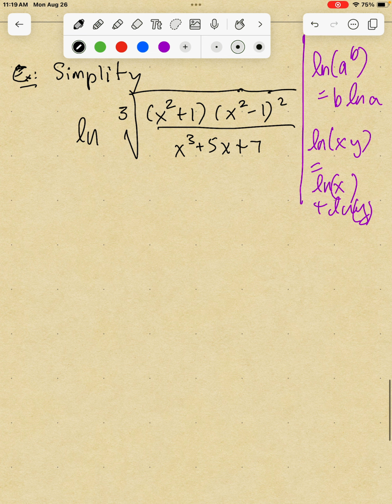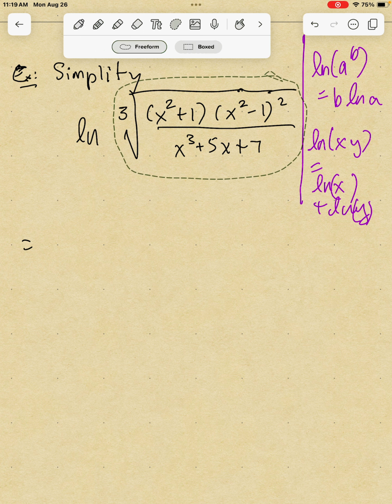Okay, so let's simplify this. First thing, we have the natural log of a cube root, right? Well, how can we rewrite this so that you can apply one of these natural log facts? You want to write this expression as this inside raised to the 1/3 power.